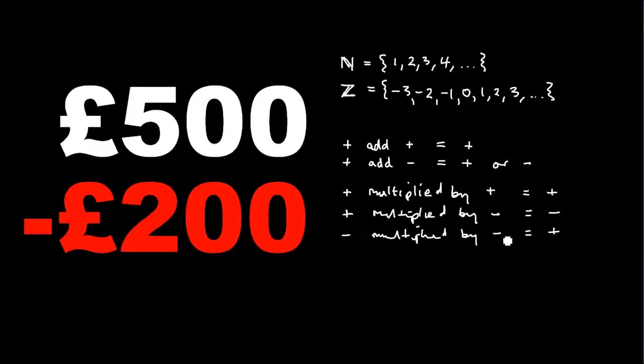Now, all of this works for division as well, so I don't need to write it out, but let's use a division symbol here. A positive divided by a positive will also give us a positive. A positive divided by a negative will always give us a negative.